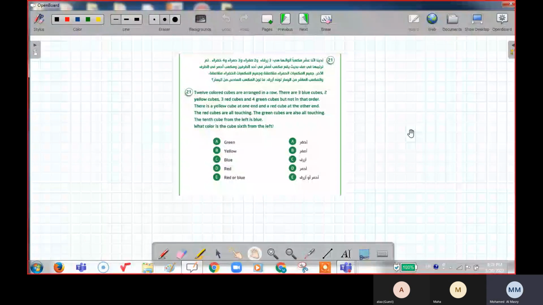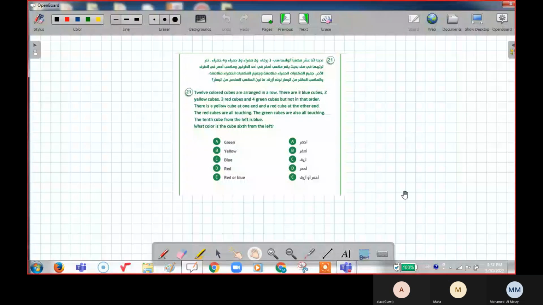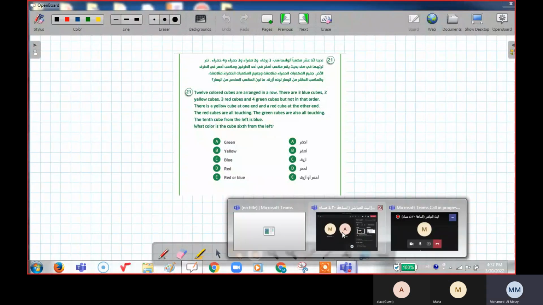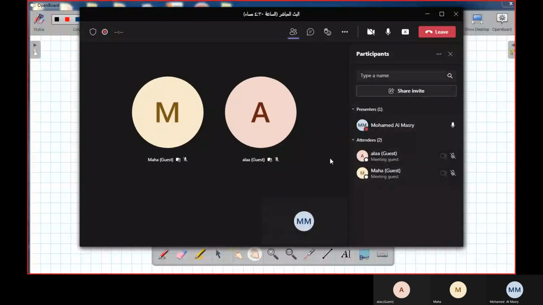I think that because now I'm sharing all my screen, not just the open board, this application. But we're gonna wait maybe 2 or 3 minutes. Okay, we have now Ala, I think, and Maha.